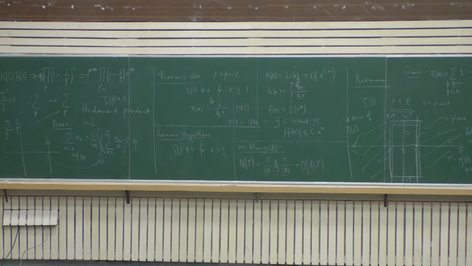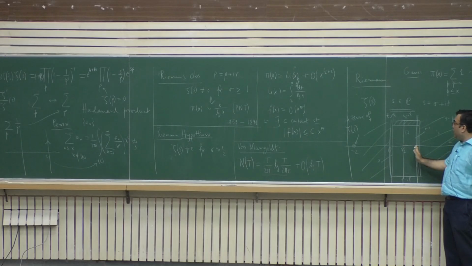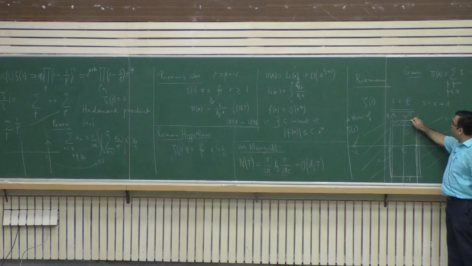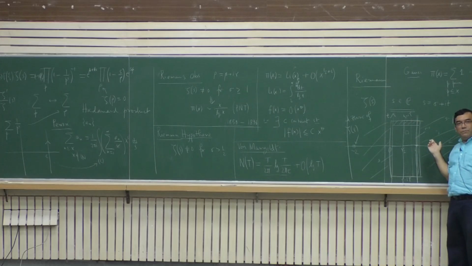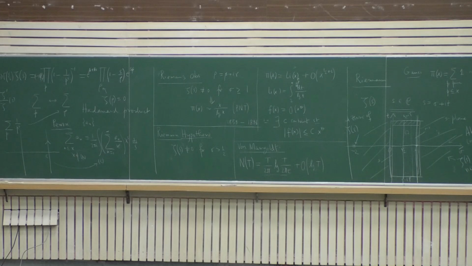But now, what about the zero-free region? Riemann said there are no zeros on the right of 1/2. Can you show that there are no zeros on the right of 1/2? There's something called the quasi-Riemann hypothesis, and we prove something in that direction. That is still not known, but we can prove a zero-free region, and the zero-free region is like this.